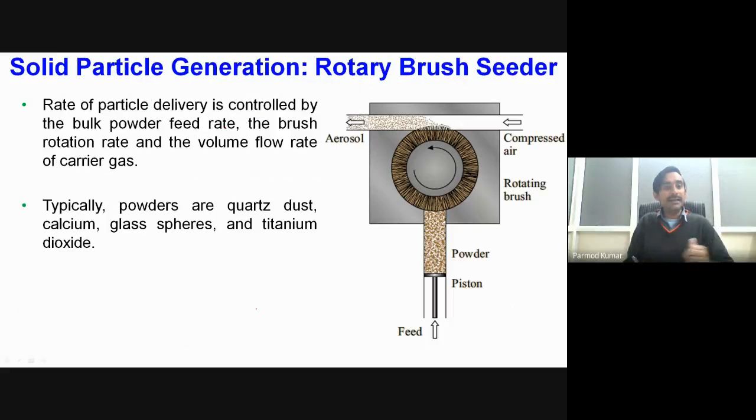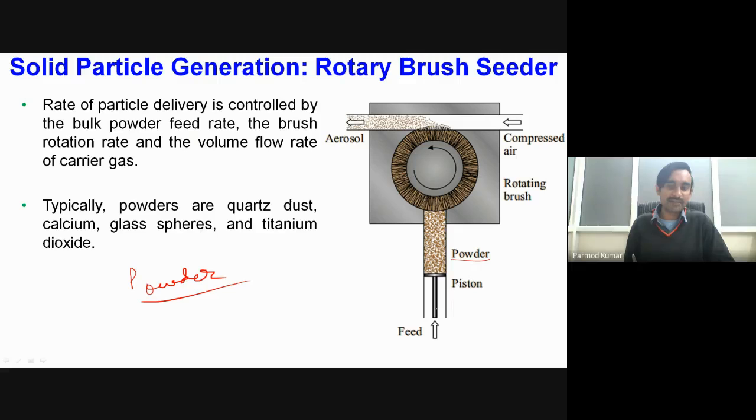Okay, then another method for introducing solid particles into our flow field is using powdered solid particles. For example, a depiction of a rotary brush seeder is shown here. We have a piston cylinder arrangement, and inside it we have a large number of solid particles in powdered form.